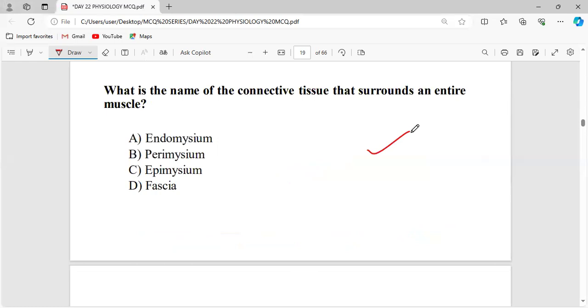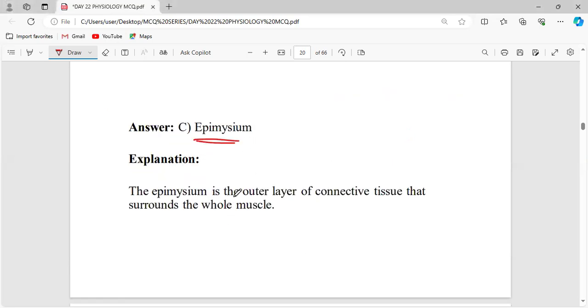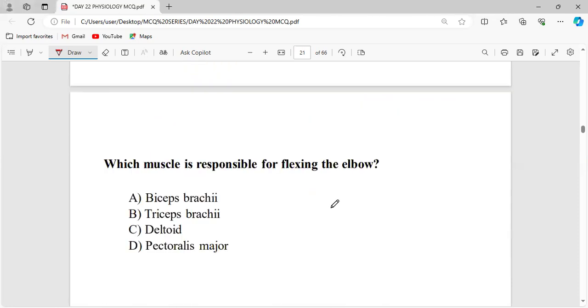What is the name of the connective tissue that surrounds an entire muscle? Just know this, that will be epimysium. The epimysium is the outer layer of the connective tissue.